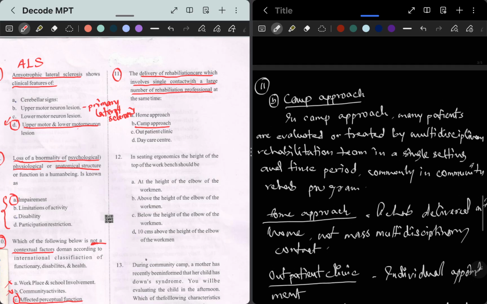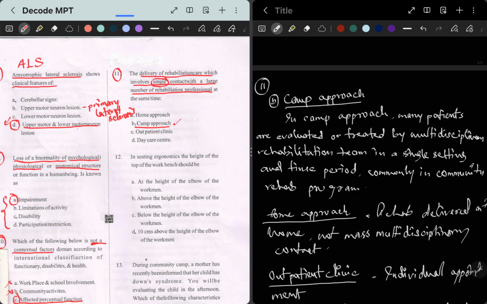So that's why the answer for question number 11, the delivery of rehabilitation care which involves single contact with a large number of rehabilitation professionals, is the camp approach.